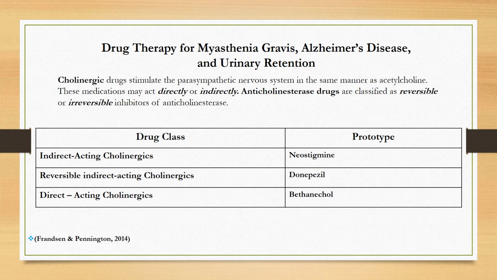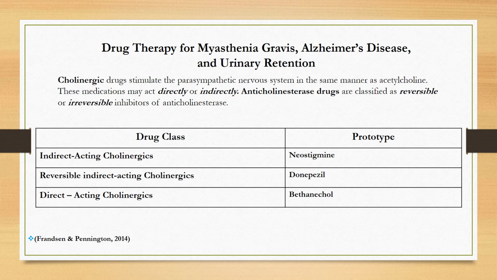So these are some of the drugs. The cholinergic drugs stimulate the parasympathetic nervous system in the same manner as acetylcholine. And so when you think about that, you've got to think about what's happening when we have that parasympathetic nervous system response.